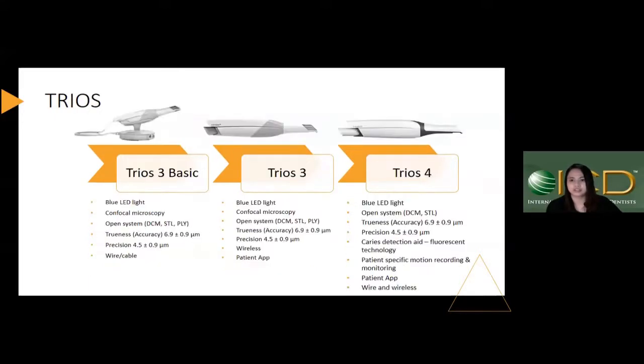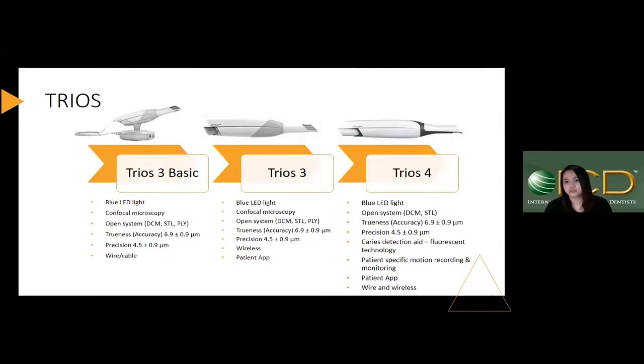And this is another brand of intraoral scanner, from Trios. Earlier, the Trios 3 Basic used confocal microscopy and a cable, and the Trios 3, the later product, became wireless with additional patient feature applications.